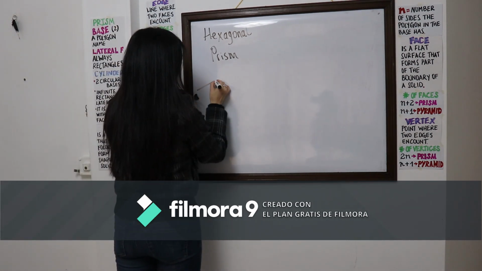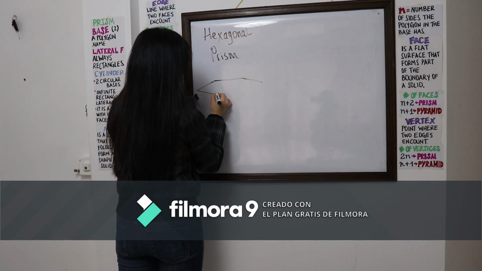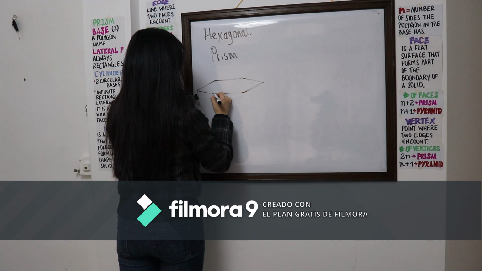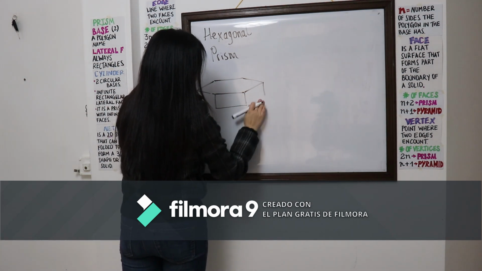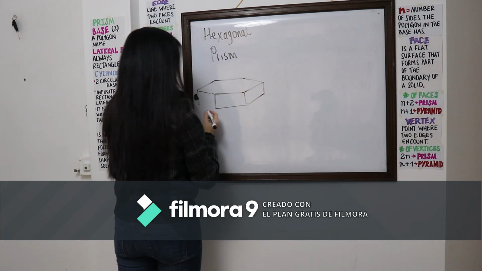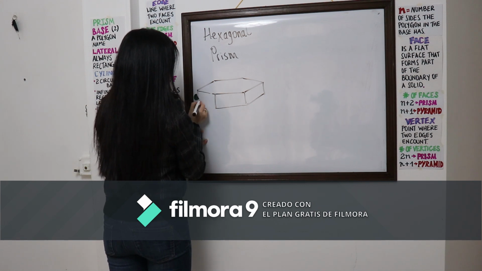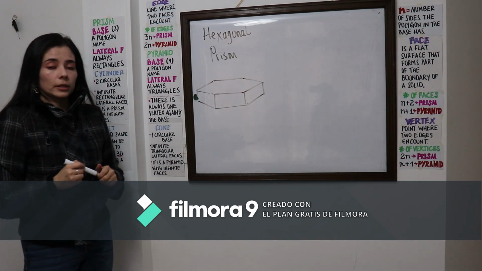Well, something like this, I guess. Please, I'm not a good drawer, so please just have mercy, all right? Those pro drawers we have in the classroom, please just be patient with me, all right? And so over here, that would be a hexagonal prism.